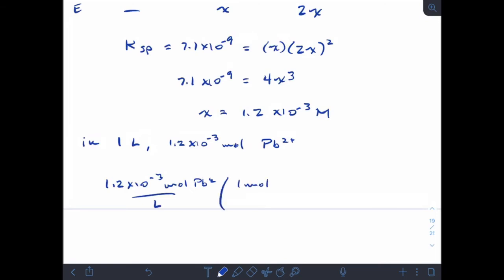And there's 1 mole of PbI2 per mole of Pb2+. Right? You have to take into account some stoichiometry here, right? Because this will tell us how many moles of PbI2 will dissolve in 1 liter of water. And it's convenient that it's 1-to-1 ratio here.